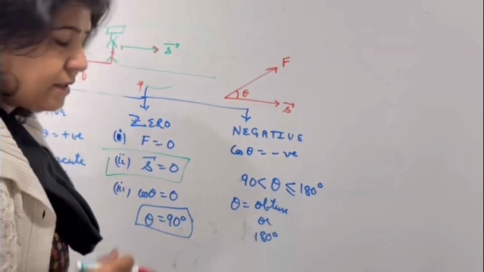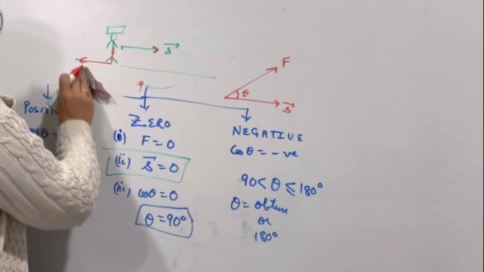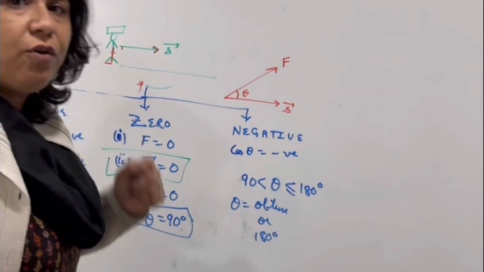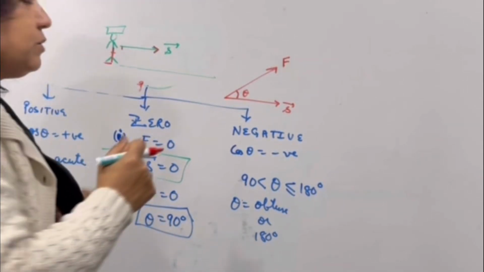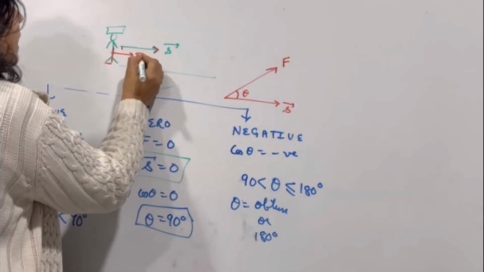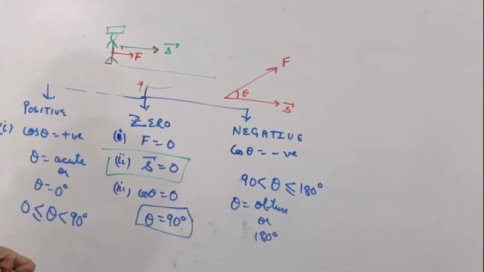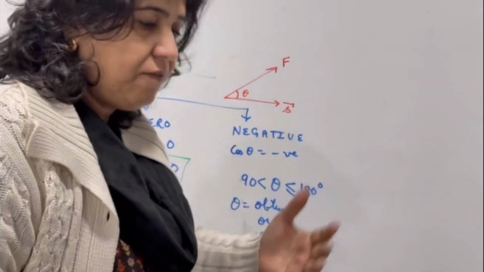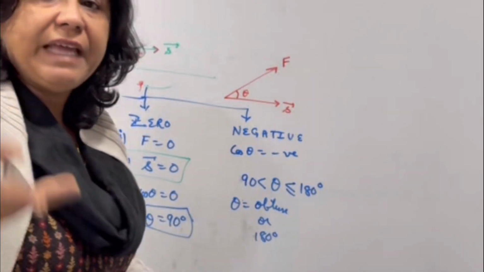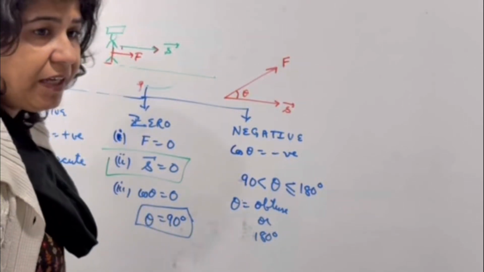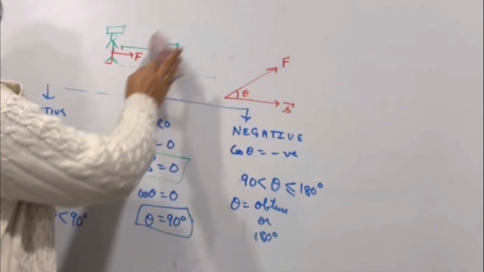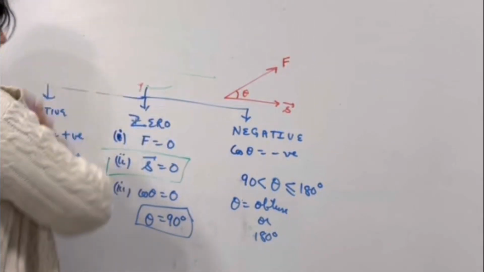In this case only, if they ask what is the work done by the muscular force of the man applying muscular force in the forward direction, then the work done is positive. For the same example, work done by the muscular force is positive, work done by friction is negative, work done by gravity or against gravity is 0. All three examples you should understand, right?